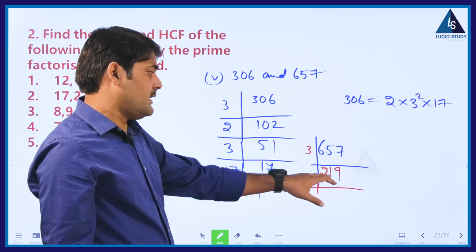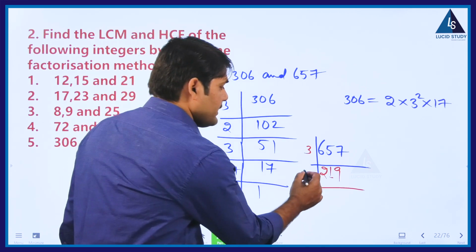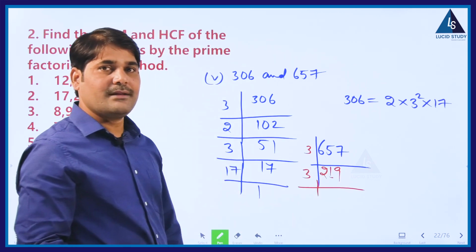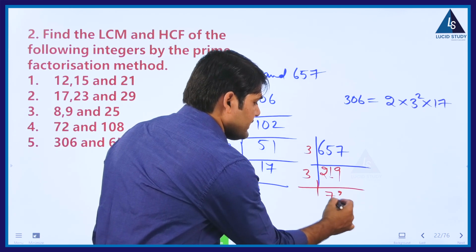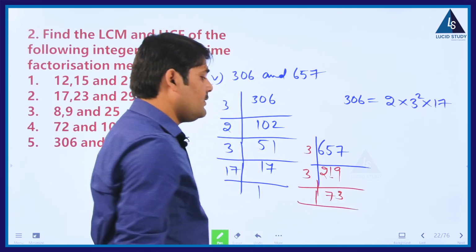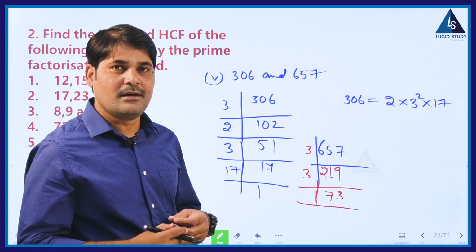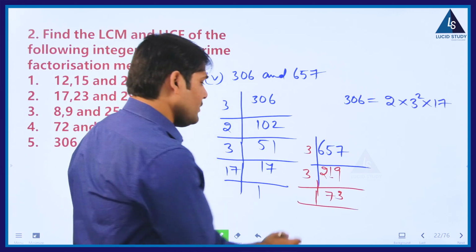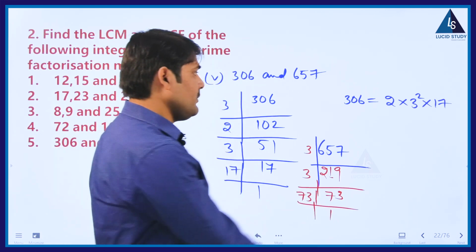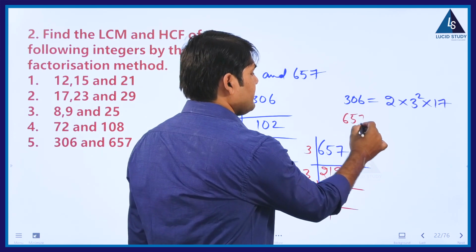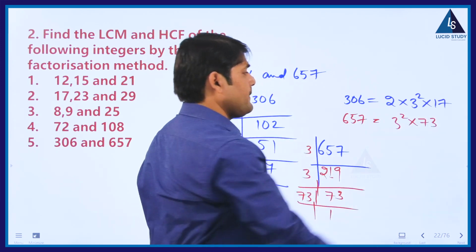Add all these digits, 9 plus 1, 10, 10 plus 2, 12. 12 is divisible by 3, so this whole number is also divisible by 3. So 3 7s are 21 and 3 3s are 9. Now 73 is a prime number or composite number? 73 is a prime number. So 73 1s are 73. Now 657 I will write as 3 square into 73.